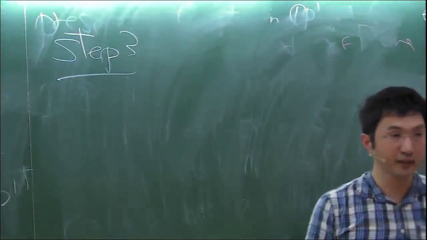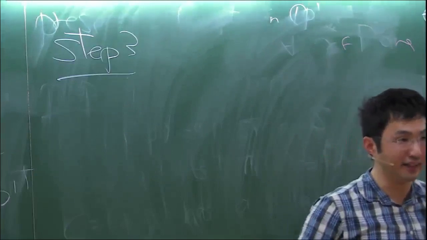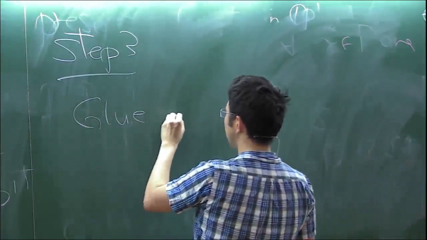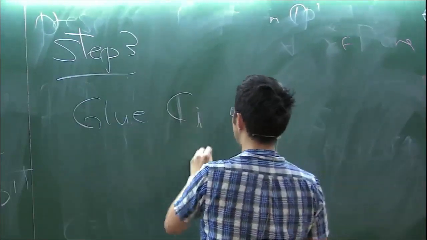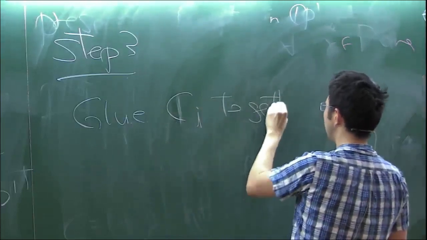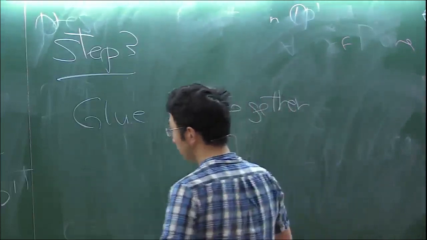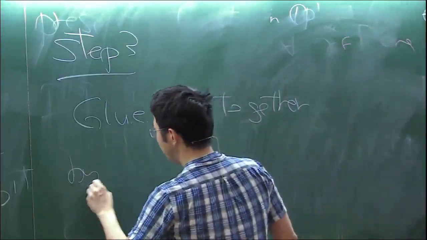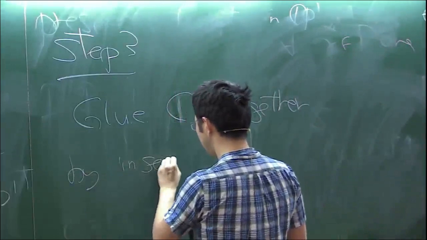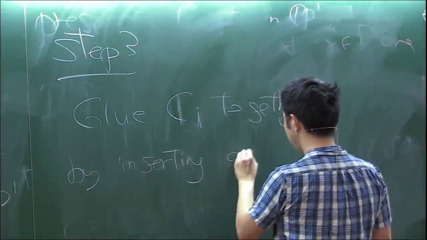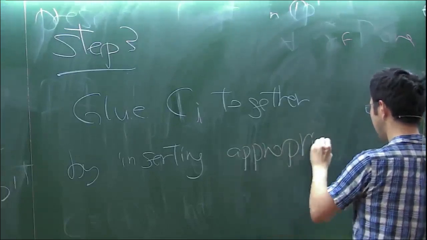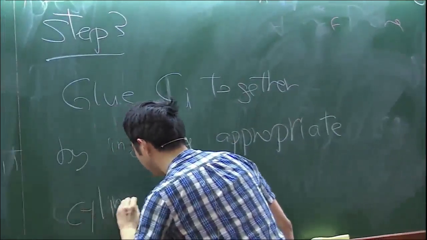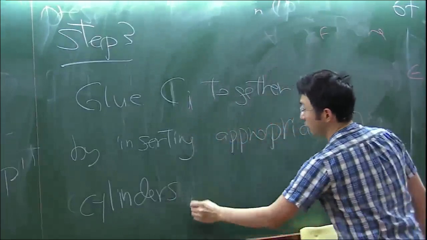But we want a CP1 structure on a closed surface, so we just need to glue them together nicely, by inserting an appropriate CP1 structure on cylinders between the corresponding boundary components.